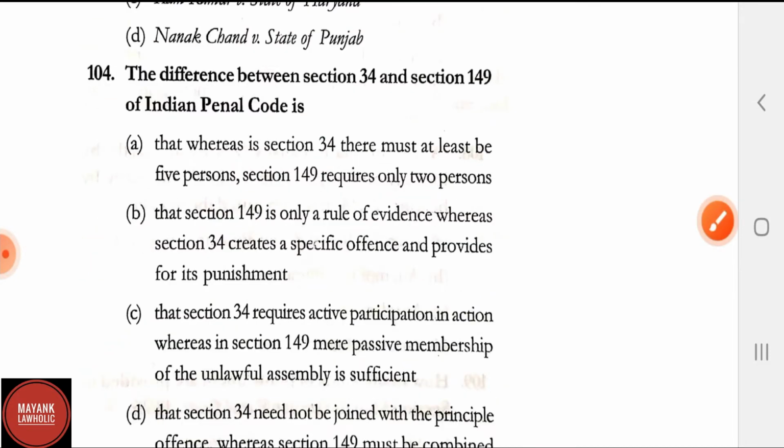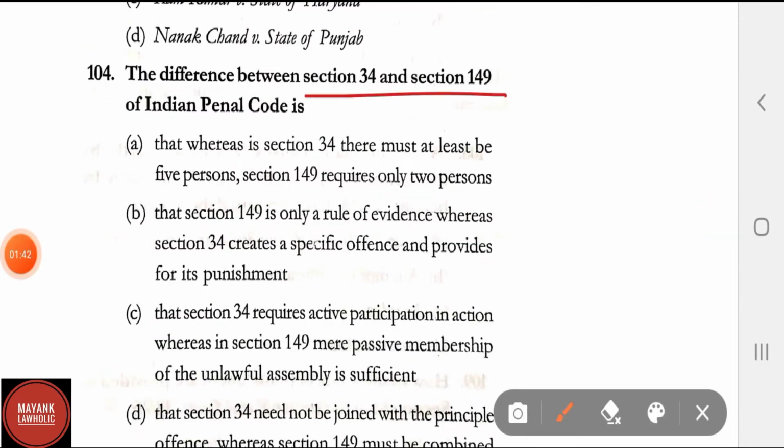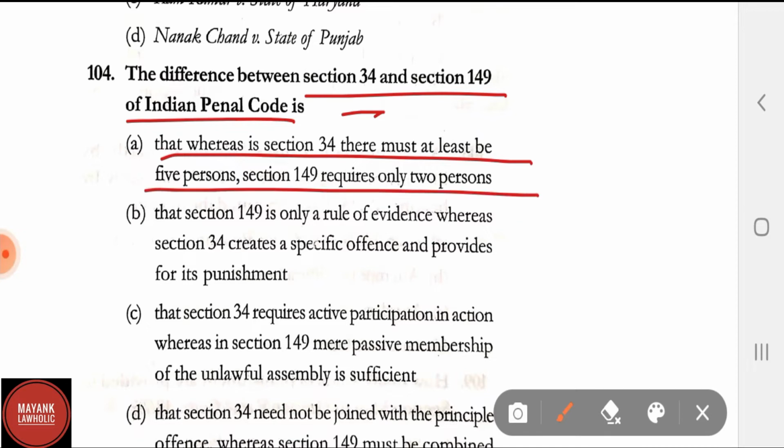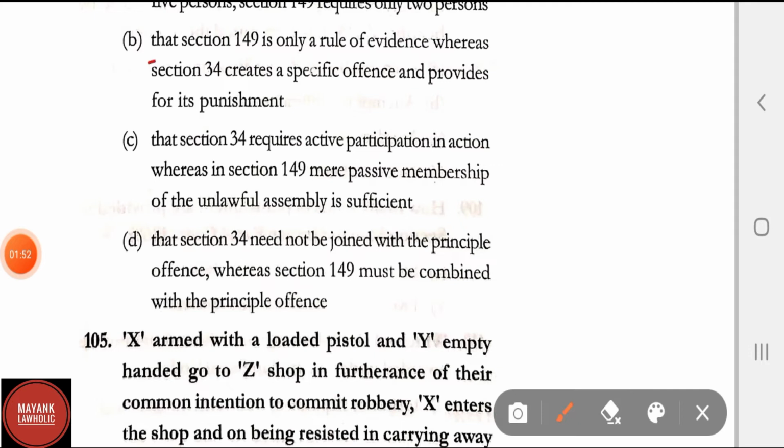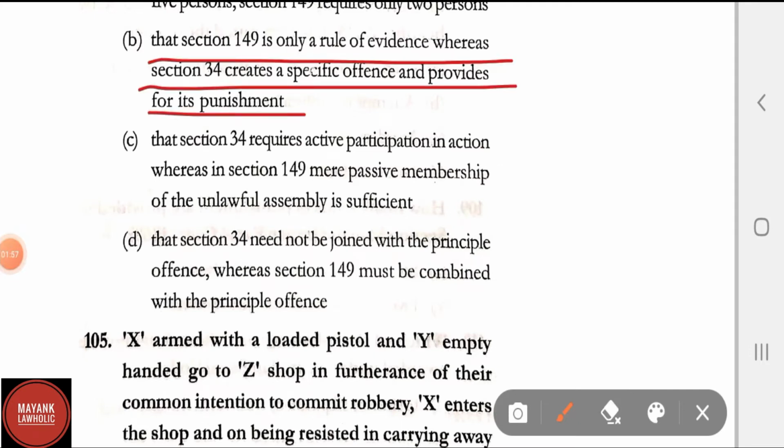Question number 104. The difference between section 34 and 149 of IPC is option A, that whereas in section 34 there must be at least 5 persons, section 149 requires only 2 persons. Option B, the section 149 is only a rule of evidence, whereas section 34 creates a specific offence and provides for its punishment.